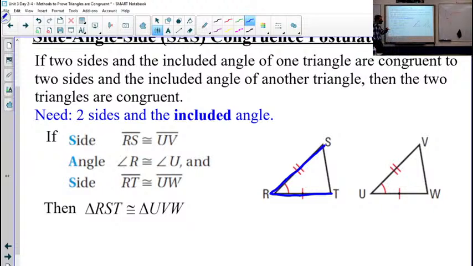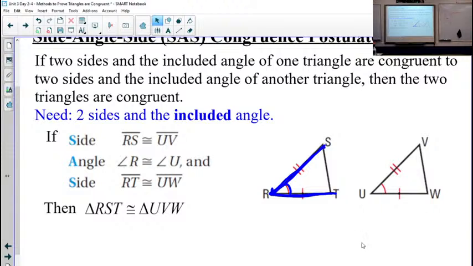And then I can look for what's the angle included in between them. Another way to look at it is like, what angle did I just make? Well, I went from S to R, there's the vertex, to T. So the angle that I just formed that's in between the two sides is this angle right here.